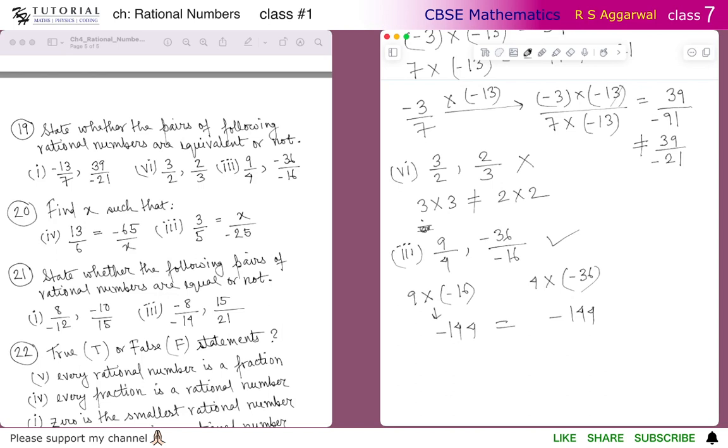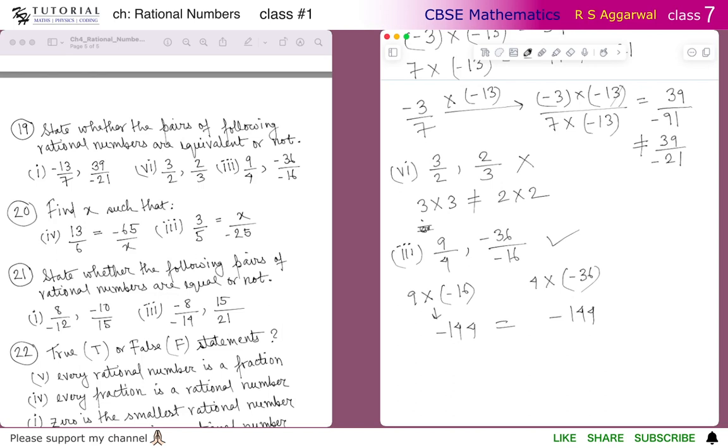Now, there are two ways to detect whether two rational numbers are equivalent or not. Either you do cross product and check whether the two products are the same or not, or you see whether the rational number which has the greater numerator can be obtained from the other rational number by multiplying with some integer.